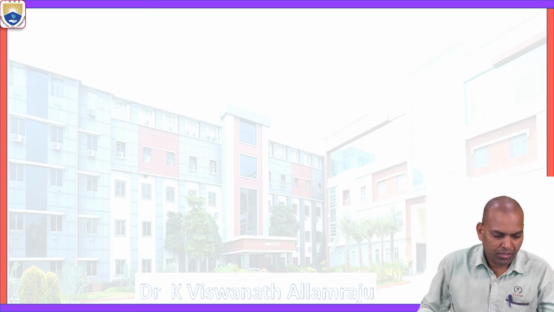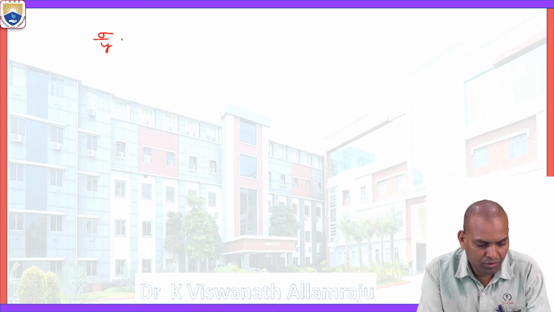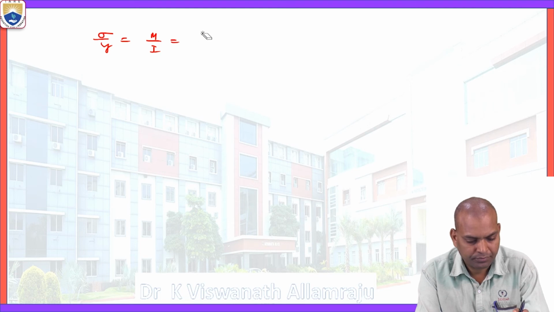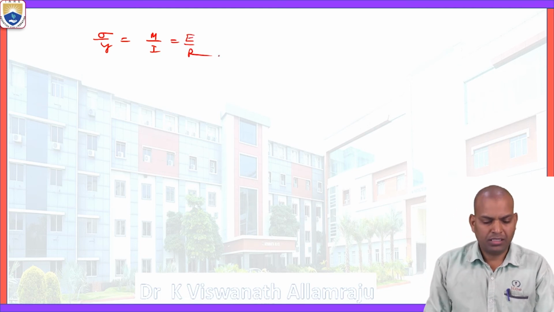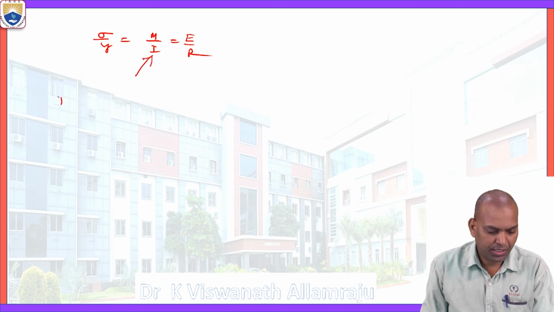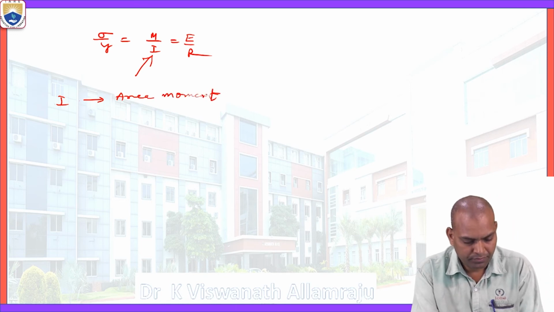Here one more thing I would like to discuss: sigma by y equal to M over I equal to E by R. Here this I is the area moment of inertia.